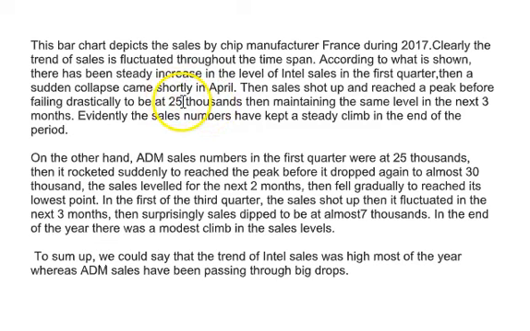So we can use 25,000, 25,000. Good. So falling drastically, good, before falling drastically to be at 25,000. Then maintaining the same level in the next 3 months. Good. Well done. Some really good descriptions there and some nice vocabulary used.